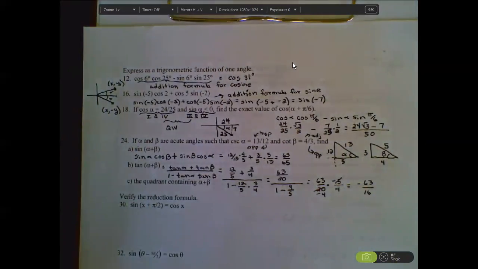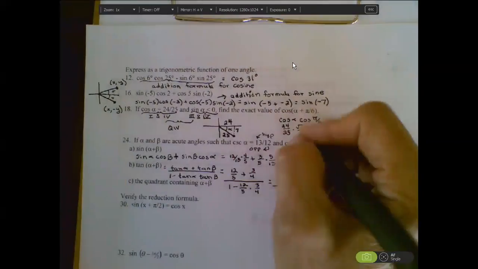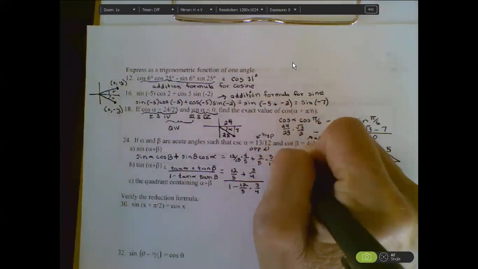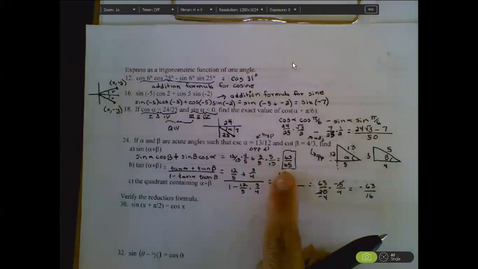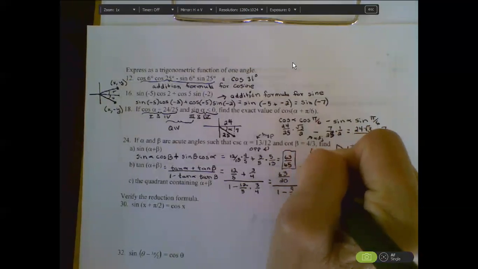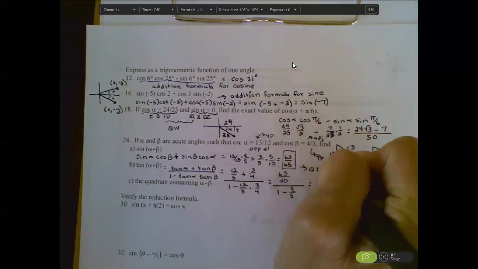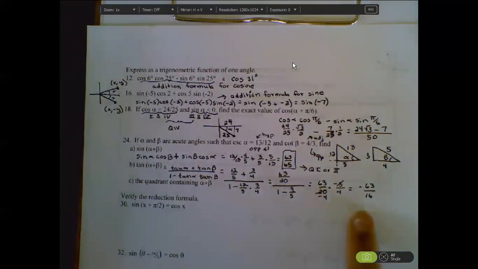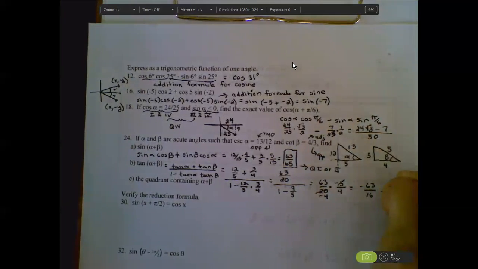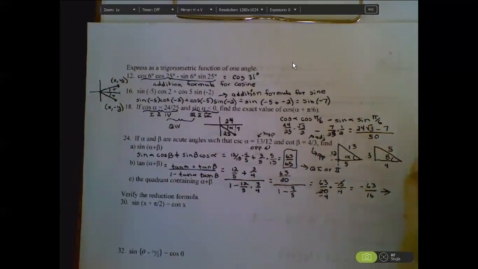What I was thinking about is if sine is positive, then it has to be in quadrant 1 or 2. If tangent is negative, what two quadrants is tangent negative? 1 and 3?